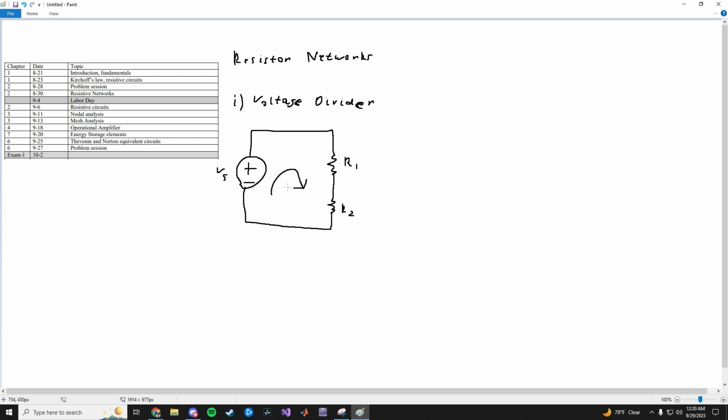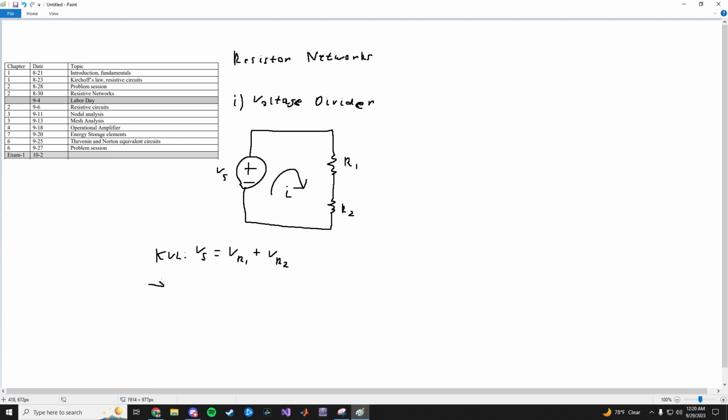If you write a loop equation, that's the KVL. We get that VS is equal to the voltage across R1 plus the voltage across R2. Then we write these voltages in terms of the current, because the current in this circuit is the same since it's series connected.